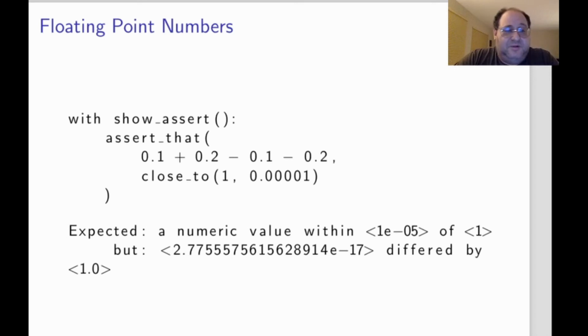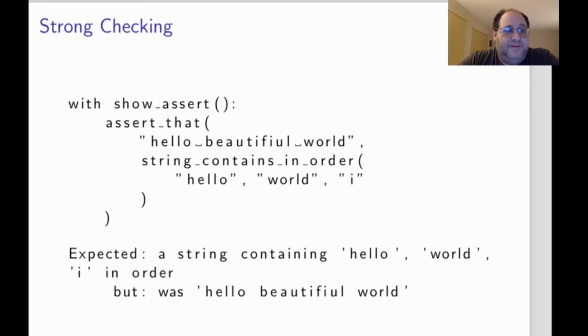But I told it to be close to 1 and not close to 0, so it's almost 1 away. So even though it's a very, very small number, it's not 0. So if I had done equal to 0, it would fail, but equal to 0 is the right thing, or maybe I forgot to add another 1 here. But because floating point numbers are weird, you usually want to check that they're approximately equal to something, because it's very, very hard to constrain them to be equal to something exactly.